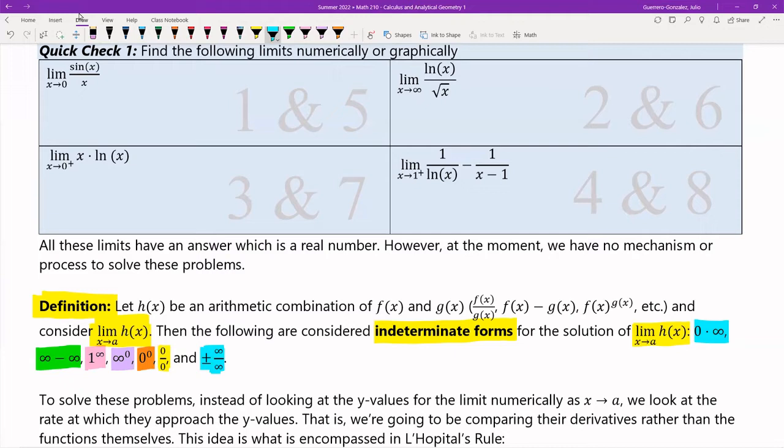If you take a look at each one of these indeterminate forms, they look a little wild. So let me take a couple of them. Let's discuss this one. Let's say you had the limit of f of x times g of x, and it's equal to 0 times infinity.